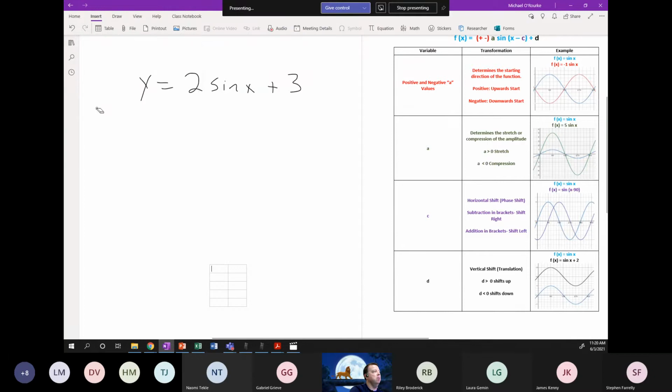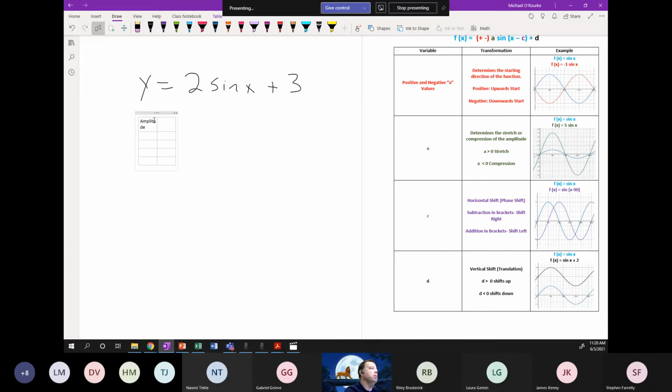Insert table, 2 by whatever. You guys can work on this as I make my table here. So I want amplitude, starting direction, horizontal shift, and vertical shift. Okay.